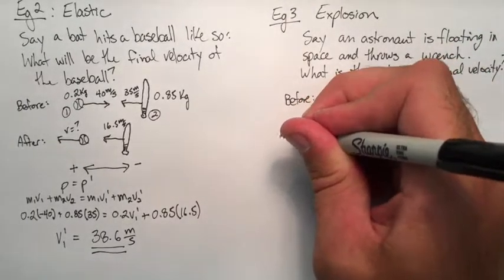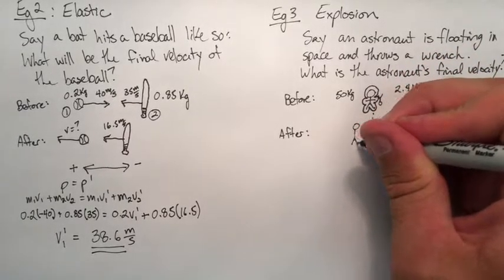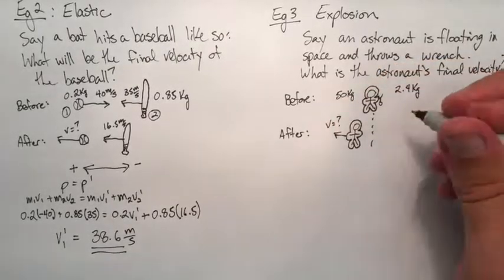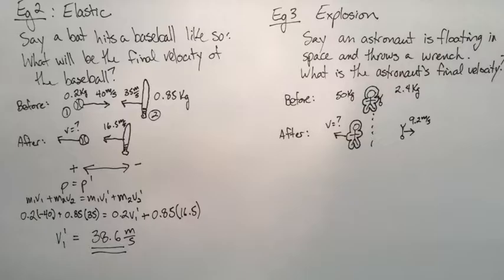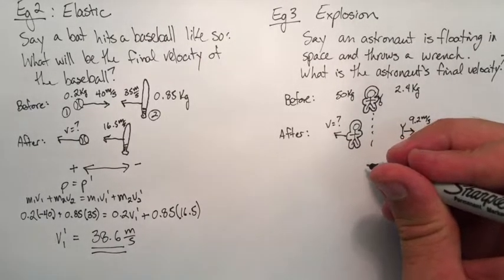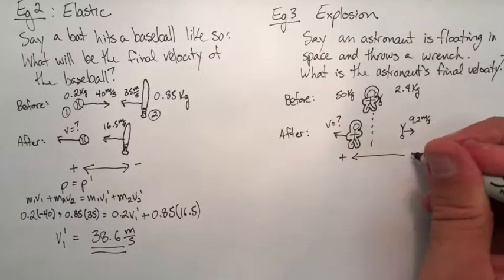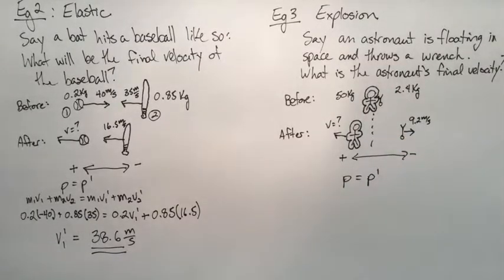So the wrench is now thrown. Let's say that's sort of the center of our diagram here. So the astronaut has now moved over a little bit with some velocity, and the wrench, which is going to be going faster because it's lighter than the astronaut, is going to be moving away in the opposite direction, 9.2 meters per second. Let's calculate the velocity of this astronaut. Again, everything to the left is positive, everything to the right would be negative.